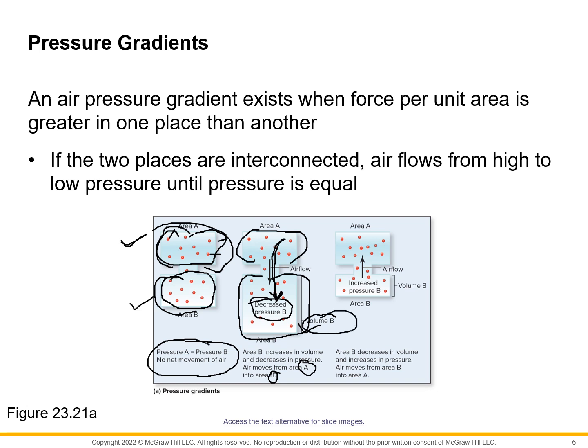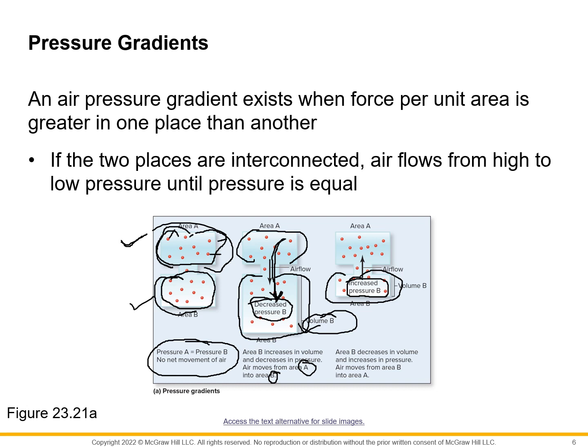Now let's do the opposite. Let's exhale, or decrease the volume of area B. When you decrease the volume of area B, per Boyle's Law, the pressure of the gas inside it increased.